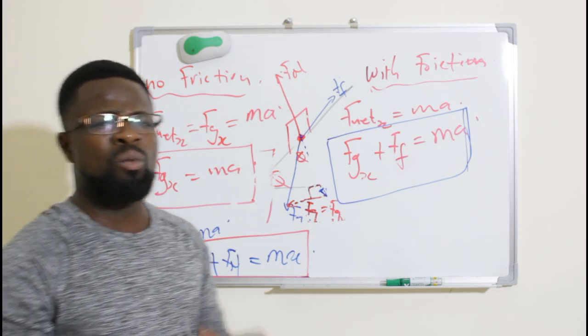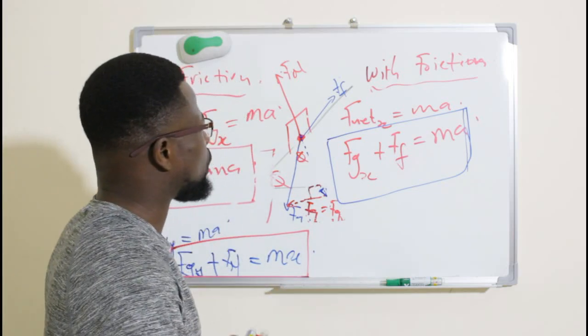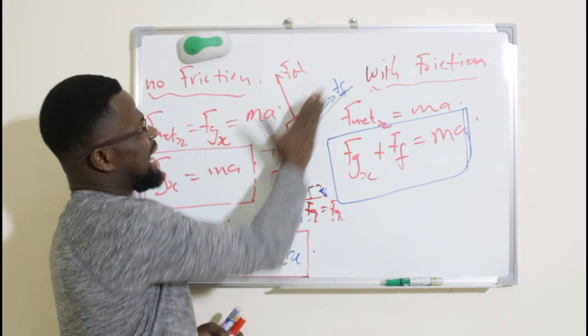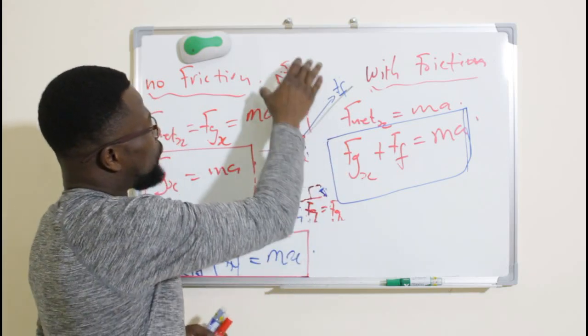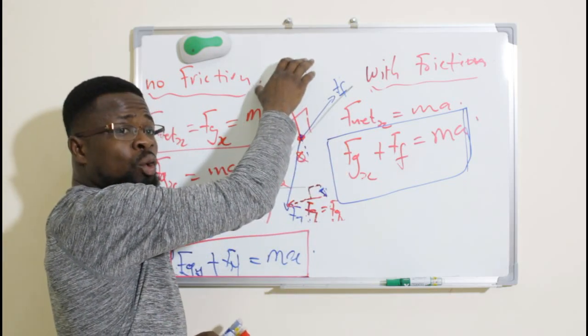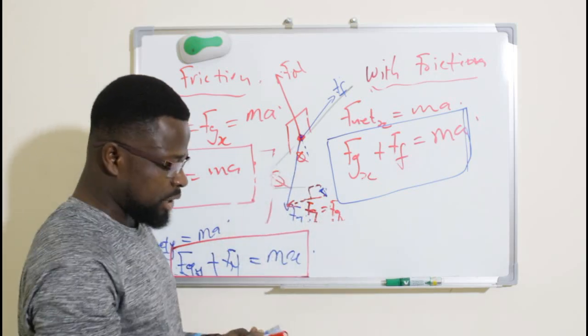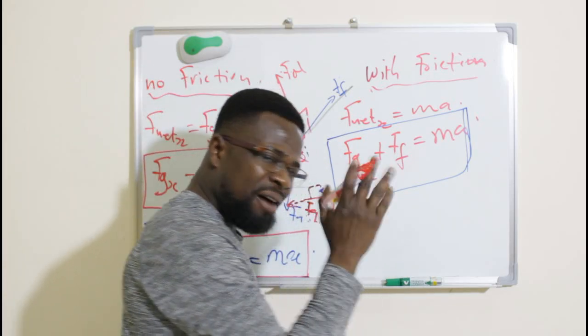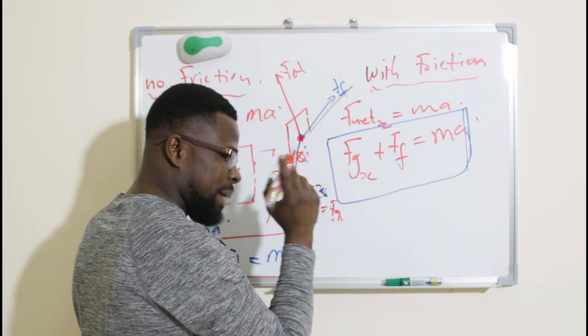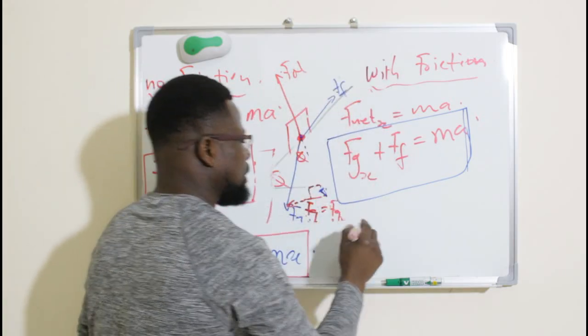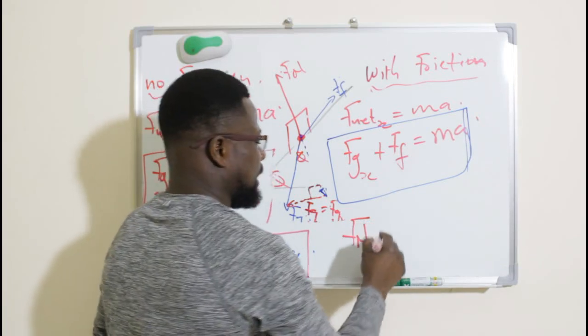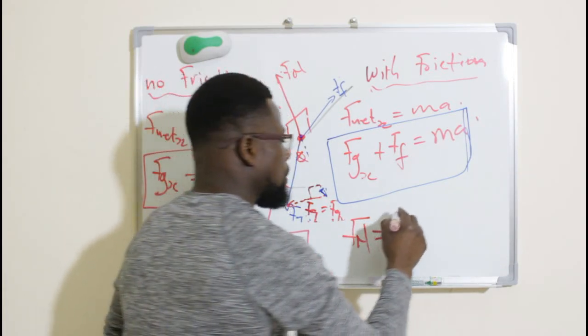Ladies and gentlemen, one thing that I want you to take very good note of is, in an inclined plane, the normal force is always equal to the perpendicular component of the weight. Please take note of that. In an inclined plane, the normal force is always equal to the what?